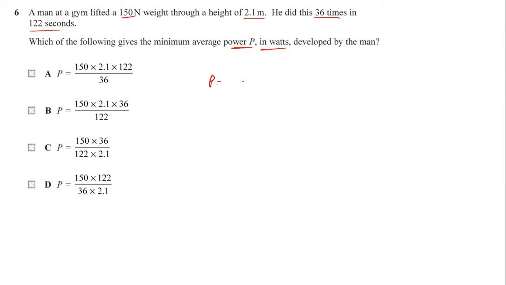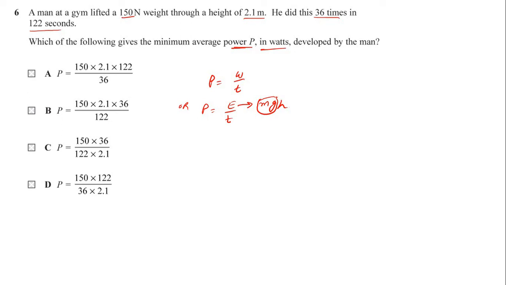Remember, power is, in general, work done upon time, or energy upon time. And in this case, energy is basically mgh. mg is the mass times gravity, which is the weight.